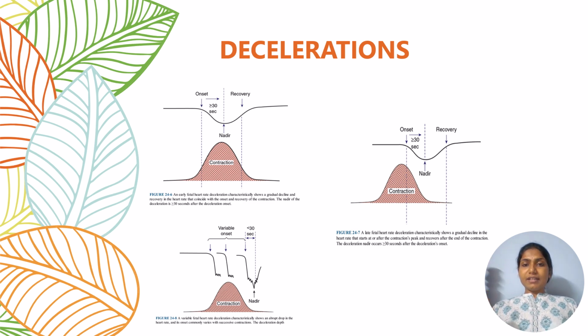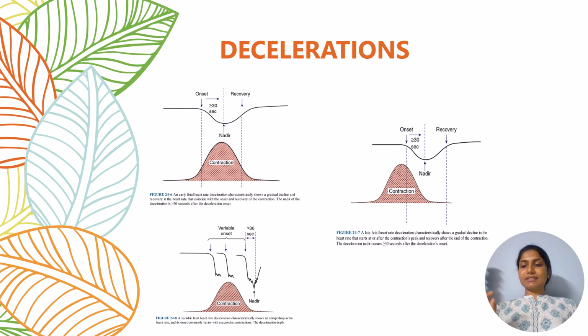So this is reflected by what is called an early deceleration. At the peak of a contraction there is head compression or some amount of cord compression. There is stimulation of the baroreceptors, which causes parasympathetic stimulation and a decrease in the heart rate, reflected by a deceleration.